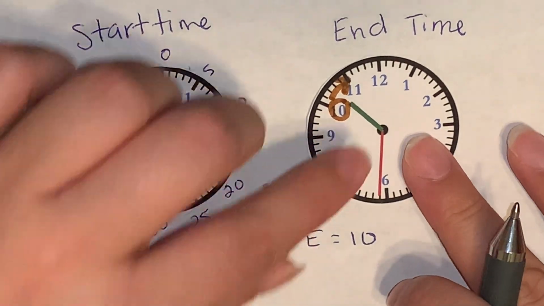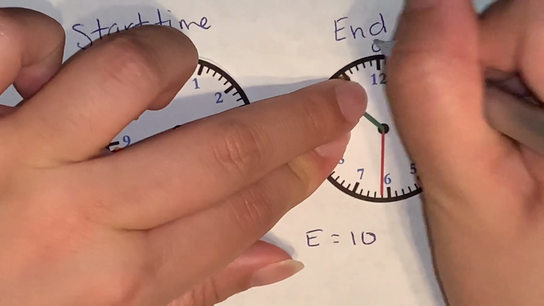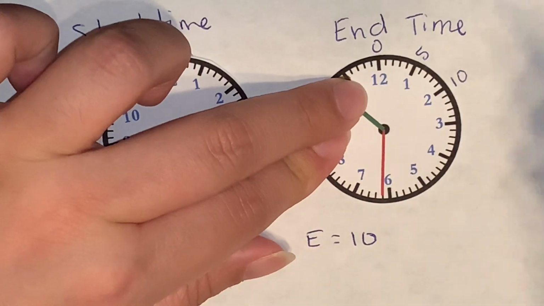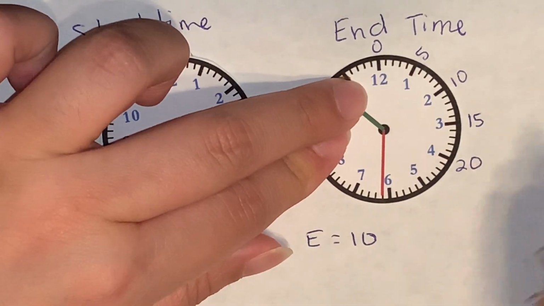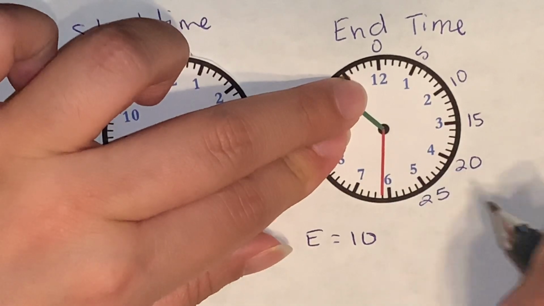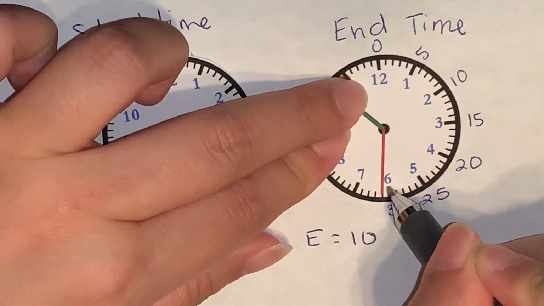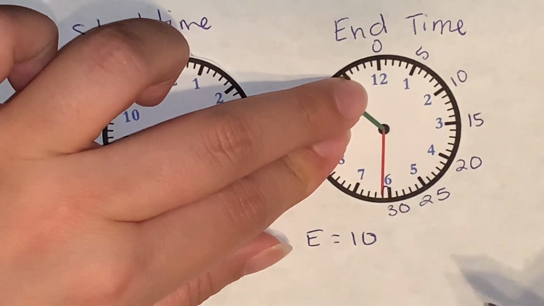All right, now we count the minutes. 12 starts at 0, 5, 10, 15, 20, 25, 30. Then it goes 1 minute more, so it is 31.